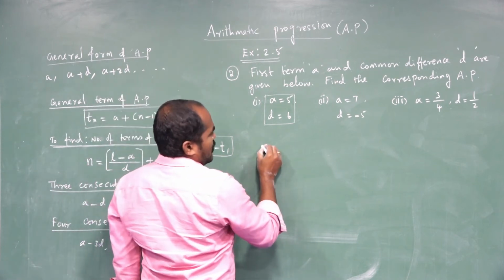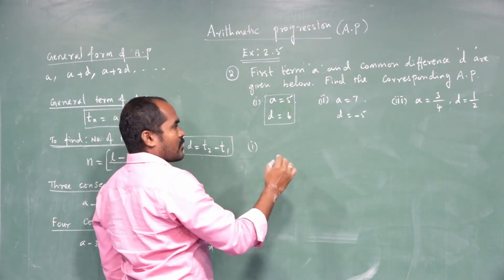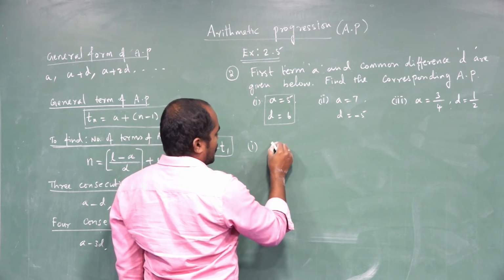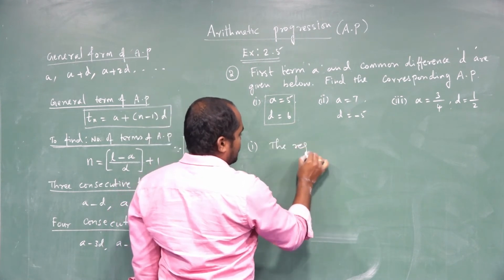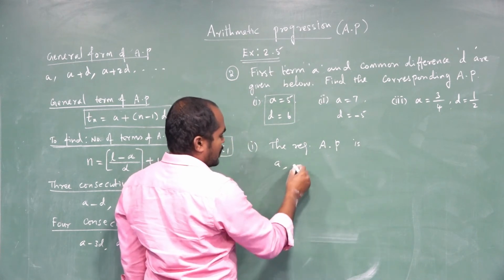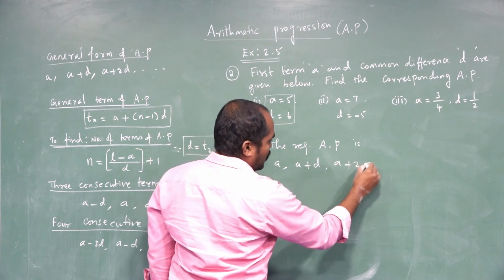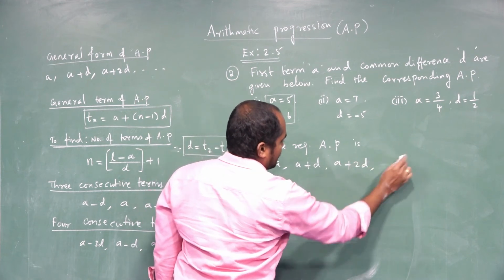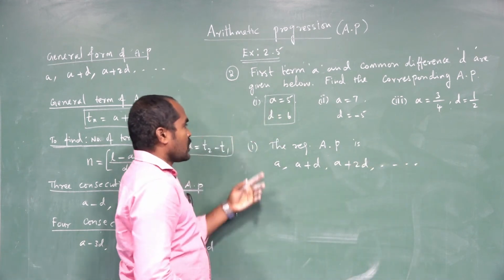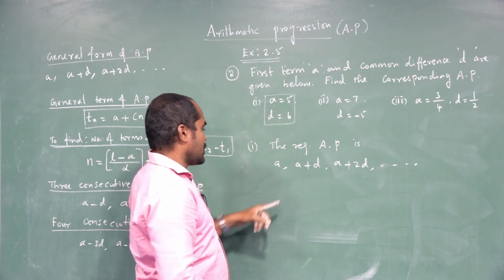So the corresponding AP means the general form of AP. Therefore, the required AP is A, A plus D, A plus 2D, etc. In the first one, A is given as 5 and D value is 6.